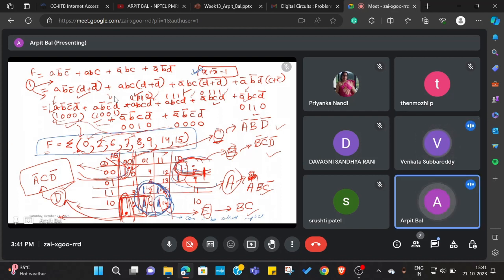You need to get it clubbed first. So club as much as possible till you reach the limit of clubbing. Once you have reached the maximum number of ones that can be clubbed together, whatever implicant you arrive at, that is your prime implicant.